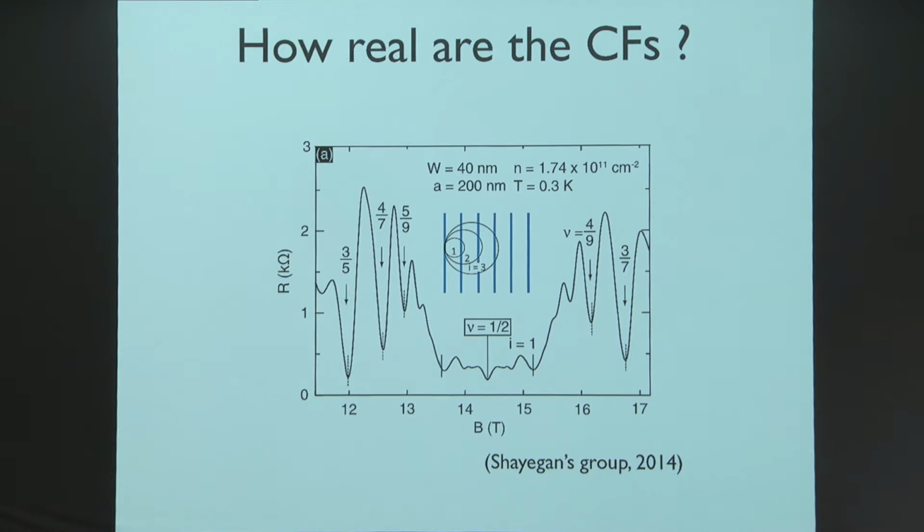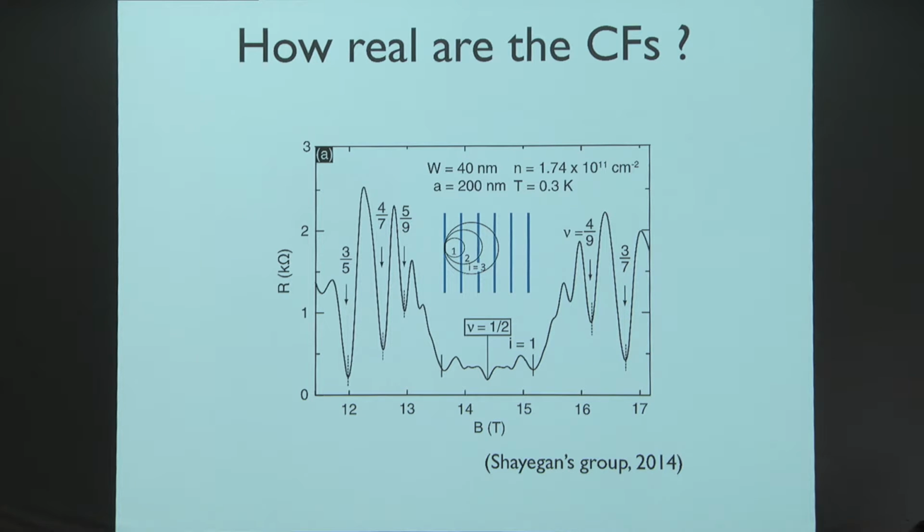I'm showing here a more recent version of the experiment. We put a sample in a periodic potential, and again change the magnetic field so that the circular orbit has a size of the same order of magnitude as the periodic potential in which the system is put. We can see resonances when the orbit is commensurate.